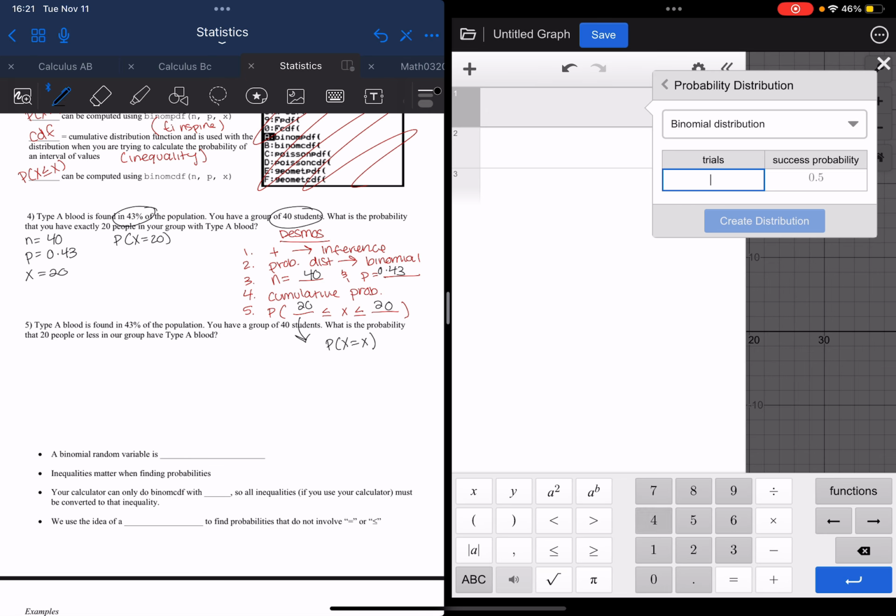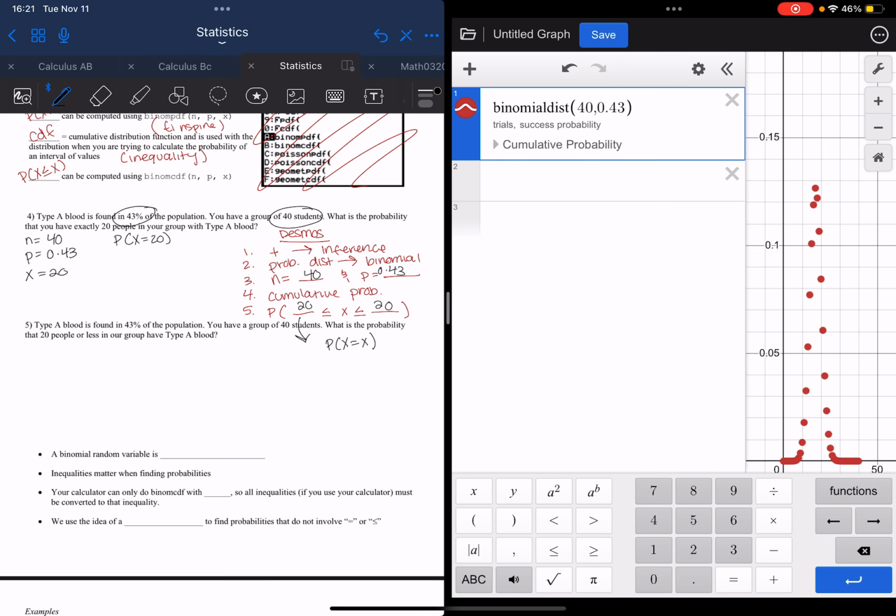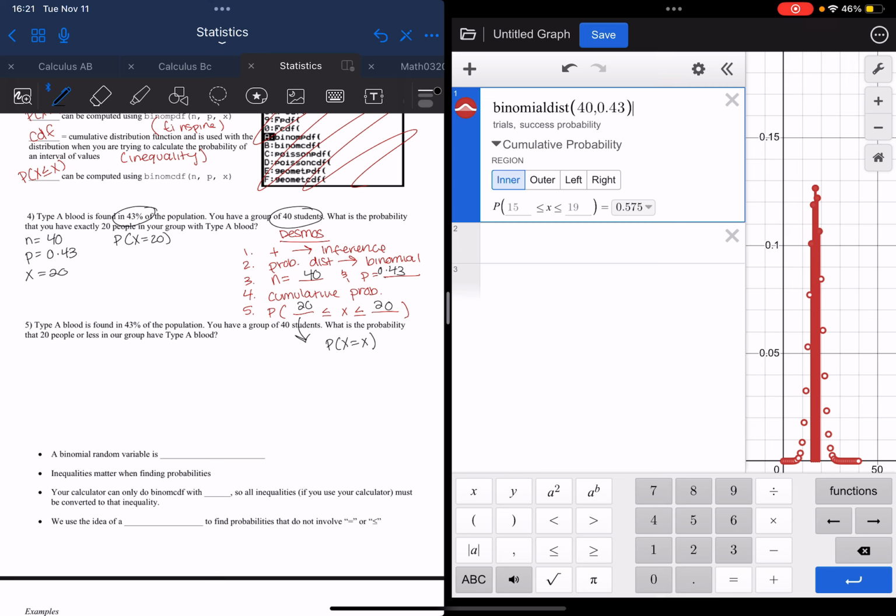The number of trials is 40, and the probability of success is 0.43. Create distribution. Then I'm going to go down to cumulative probability, and then since I need to find X equals 20, I'm going to do 20 and 20. Which means I just found that my answer to this is 0.084.